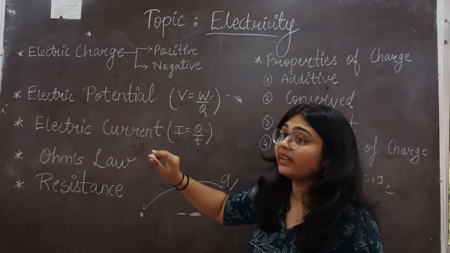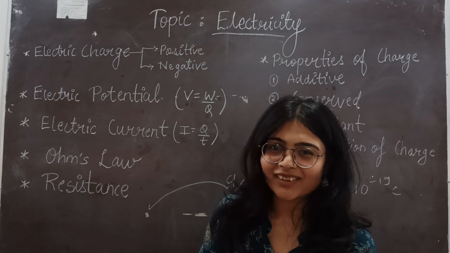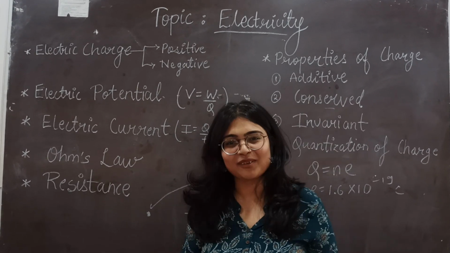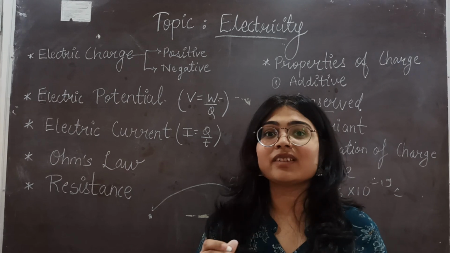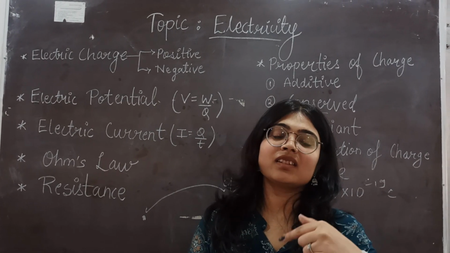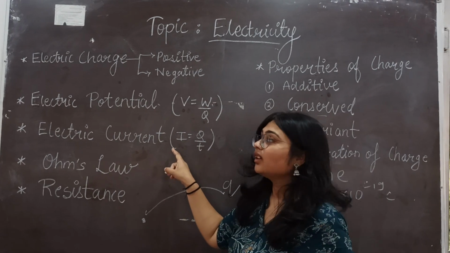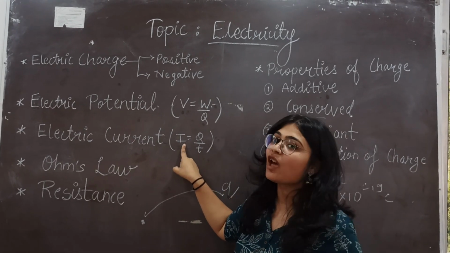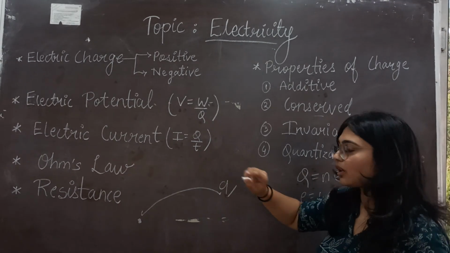Now we will learn about electric current. What is current? Have you ever got a shock? I hope you never get a shock. So current is the flow of charges. But flow of charges in what? Flow of charges in a time. So the unit of current is ampere. The unit of charge is coulomb, and there is time.